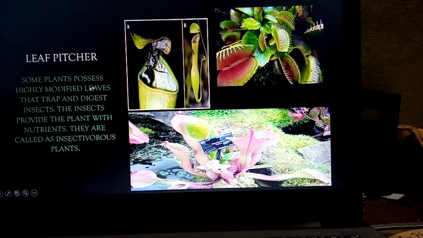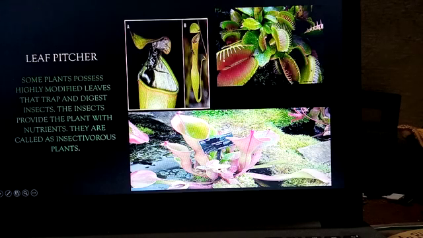So some plants possess highly modified leaves that trap and digest the insects, and these insects provide the plant with nutrients. So the plant will get the nutrients from the insects. So those plants are called as insectivorous plants. So this is an example of a pitcher plant, and this is an example of a sundew plant.